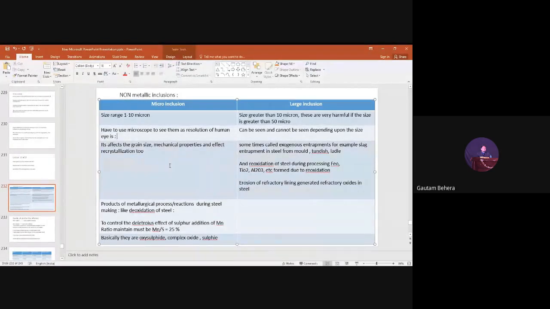Sometimes these micro inclusions help in the recrystallization process, that means new strain-free crystals may form due to the presence of these tiny inclusion particles. And if they are well distributed, they can also prevent grain coarsening, like Al2O3 particles or TiO2 particles.